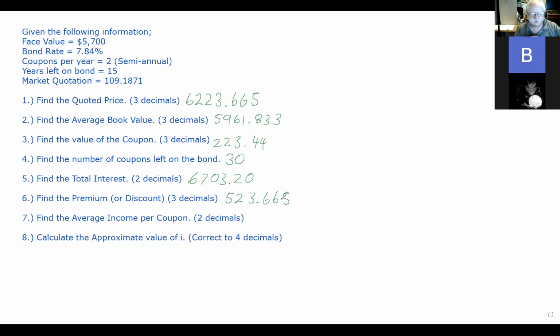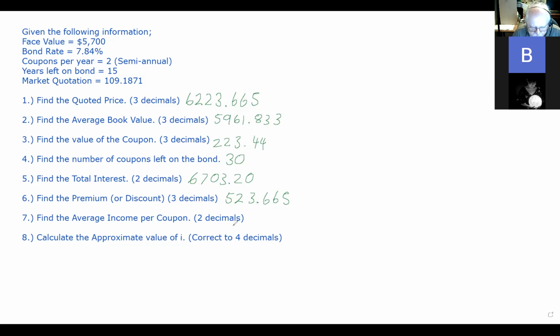Then find the average income per coupon. So they say take the total interest, which was our answer to number 5, minus the premium, which was our answer to number 6, and then divide that by the number of coupons. So what will that equal?